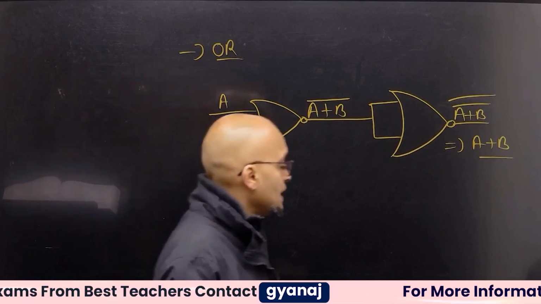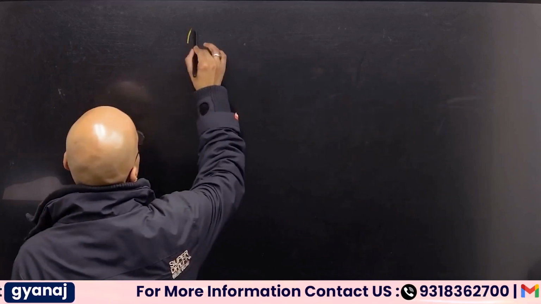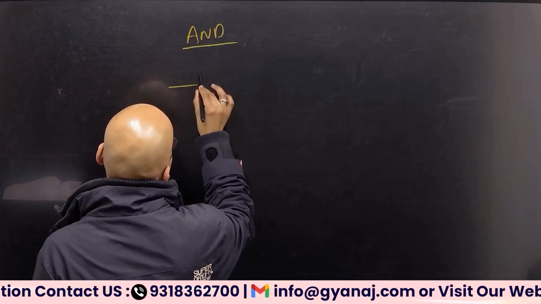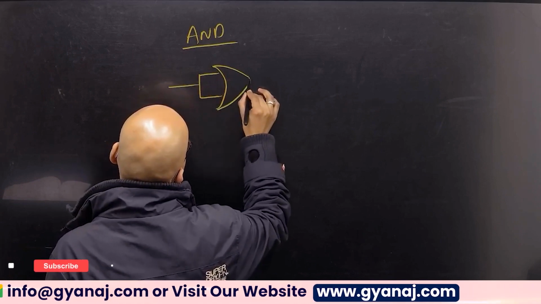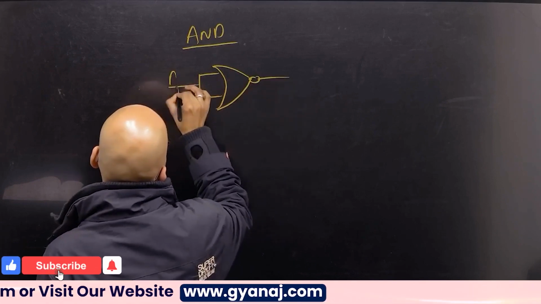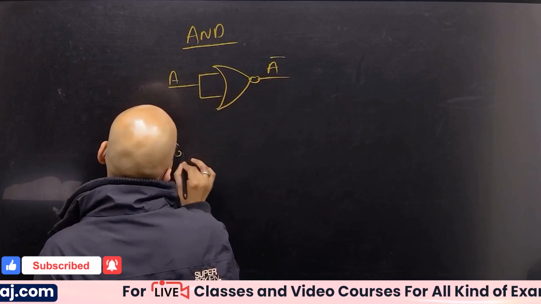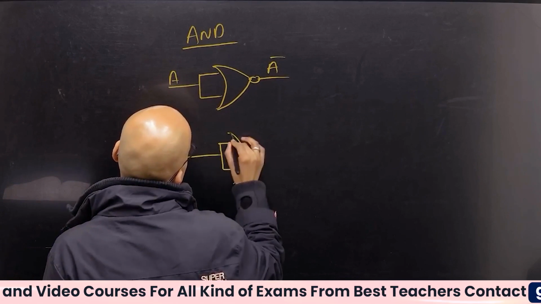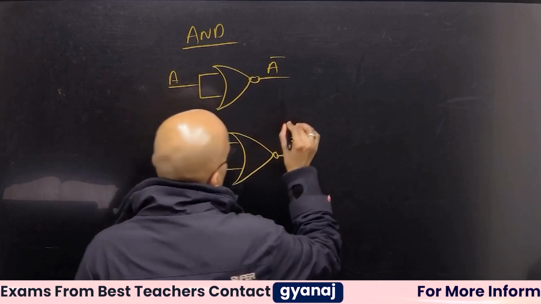Now guys, let us realize the AND gate with the help of the NOR gate. So let's say here we have signal A. Here you'll get A bar. If you have signal B here, feeding it, you'll get B bar, or B complement, here.